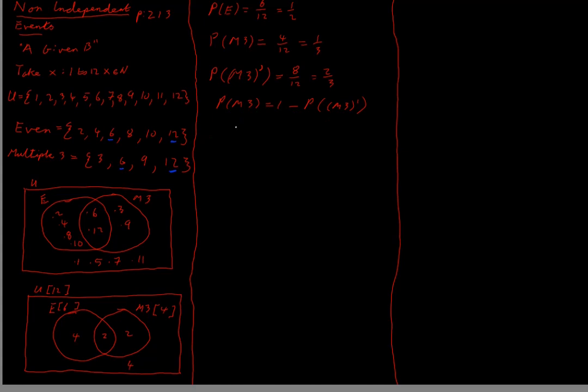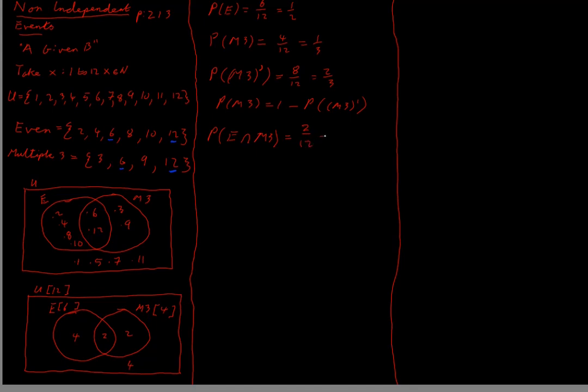Now, any other set notation, we need probability of even intersection multiple of 3 would be probability of even and multiple of 3. So remember, intersection and 'and' mean the same thing. So even and multiple of 3 is, we have two elements there. It's the 6 and the 12 out of a total of 12 possible outcomes.